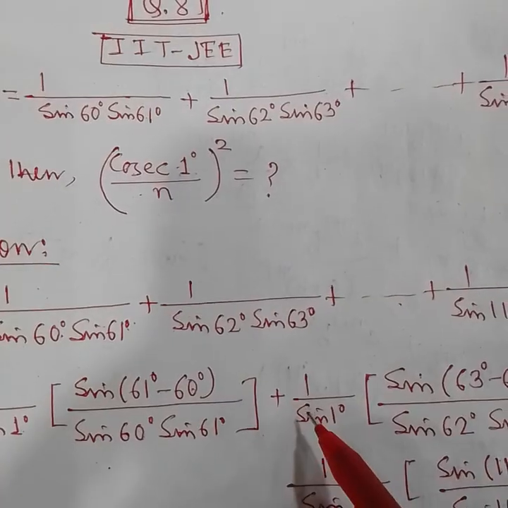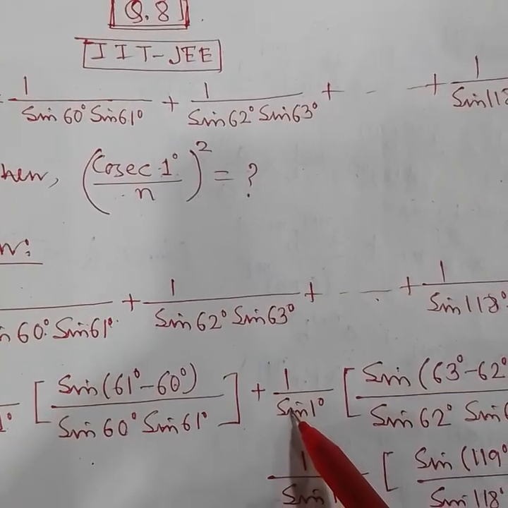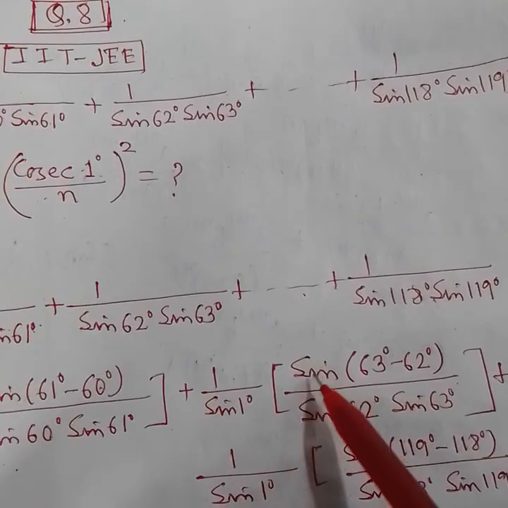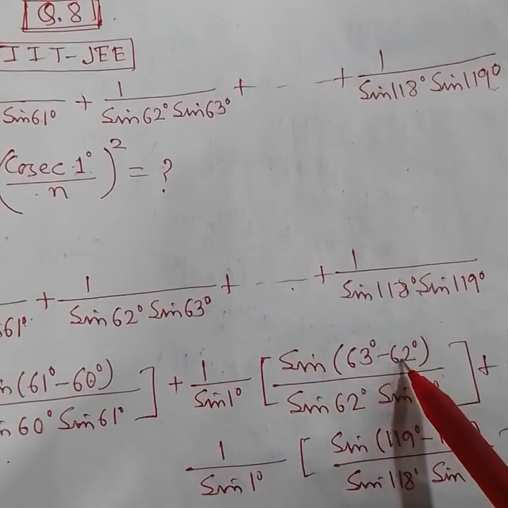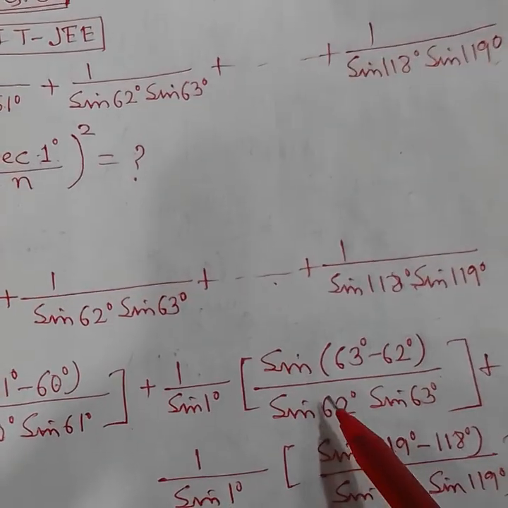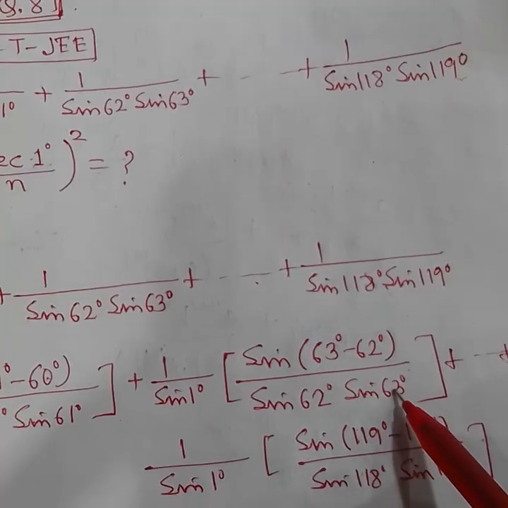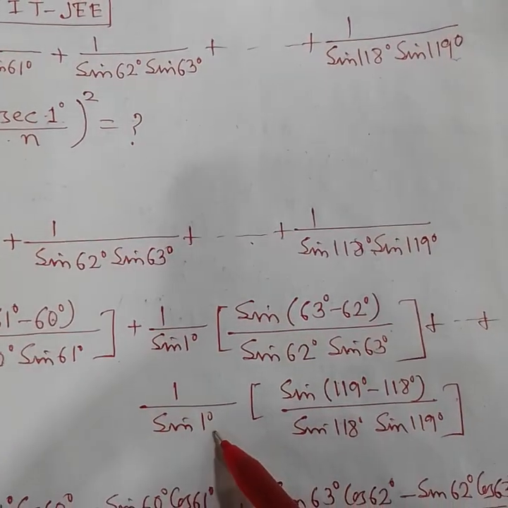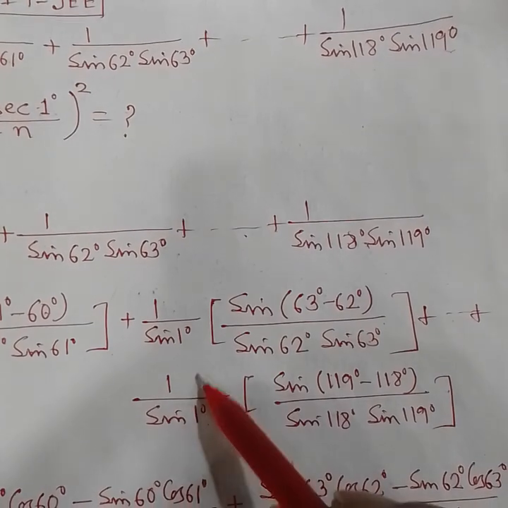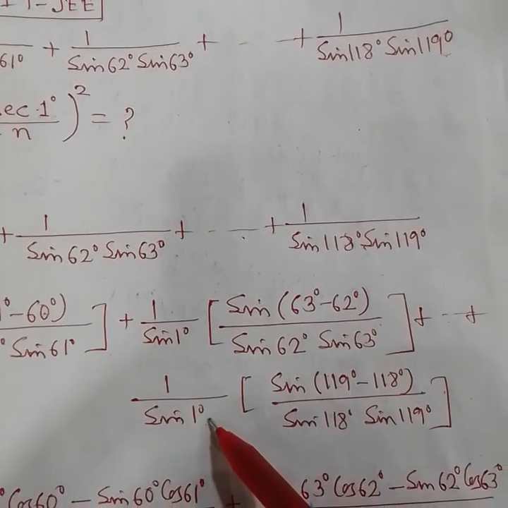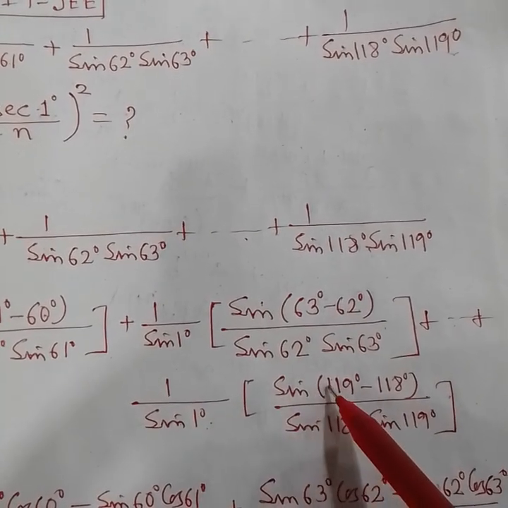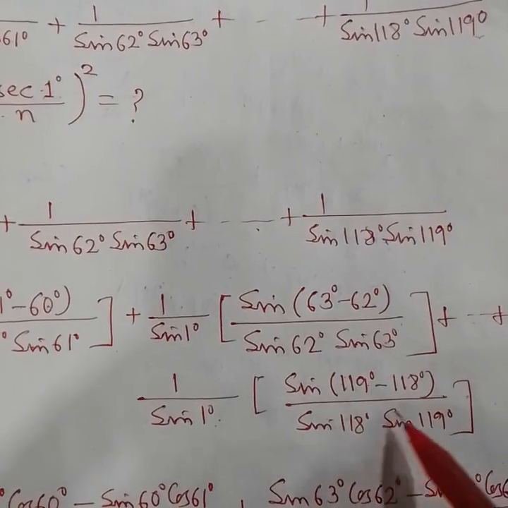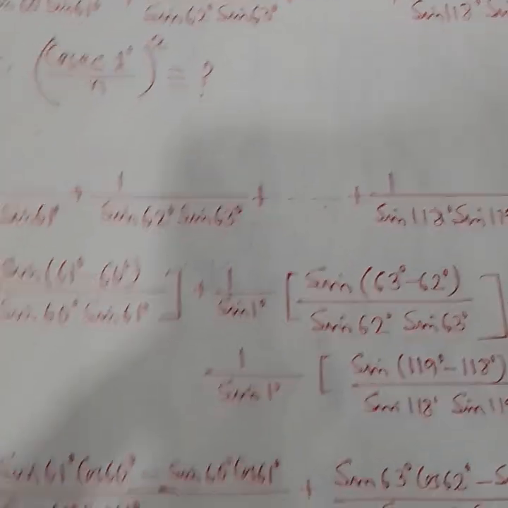In the next term, we write in exactly the same way, taking 1 by sine 1 degree common and writing sine 63 degree minus 62 degree by sine 62 degree sine 63 degree, plus dot. In the last term, we write in the same manner 1 upon sine 1 degree into sine 119 degree minus 118 degree by sine 118 degree sine 119 degree.